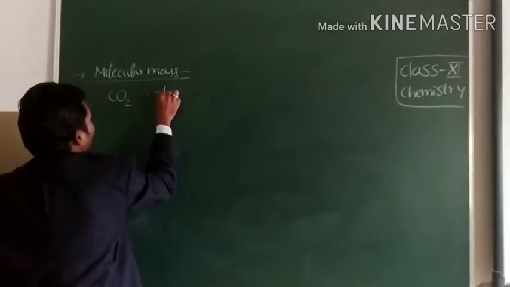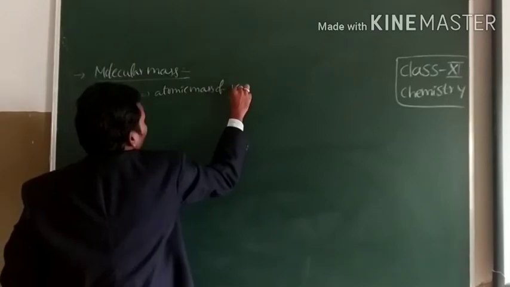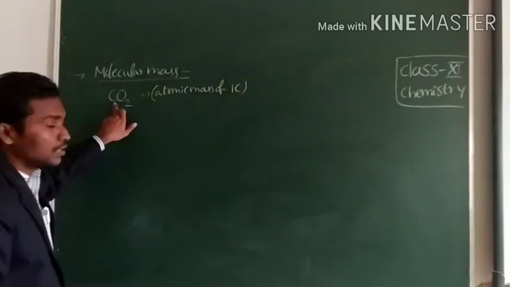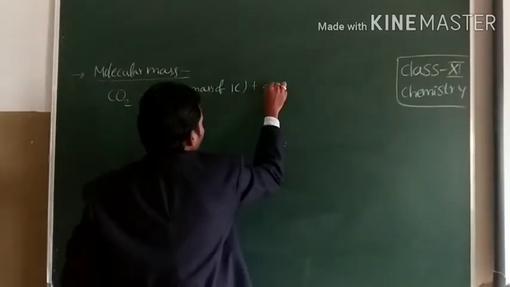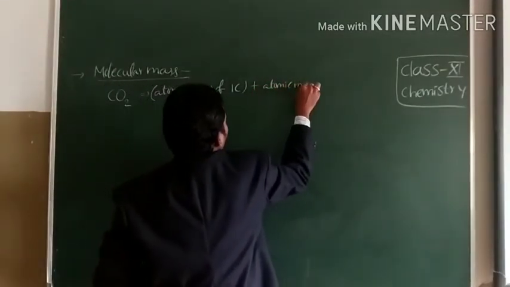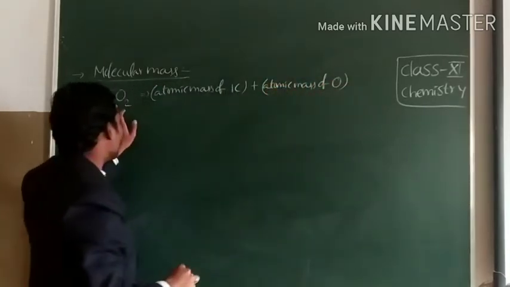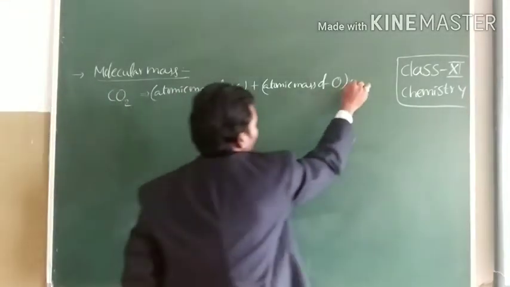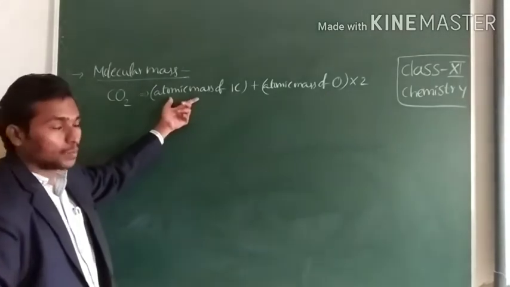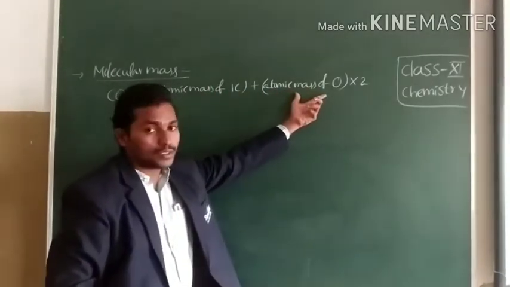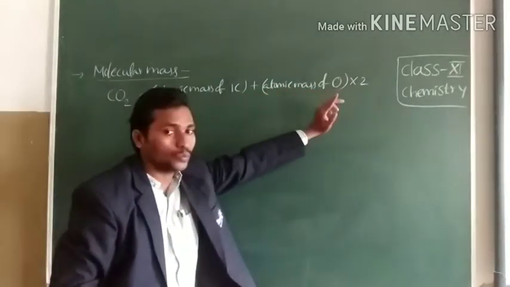Atomic mass of carbon, one carbon atom here, plus atomic mass of oxygen. How many oxygen atoms are here? 2 oxygen atoms, so it should be multiplied by 2.